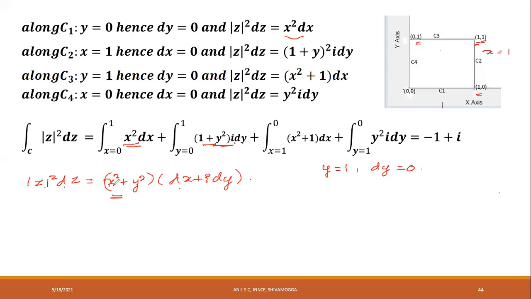Therefore, this will be (x square plus 1) into dx. Plus, along C4, here x is equal to 0. This is nothing but the y-axis, where x is always equal to 0. Therefore, dx is equal to 0, and we get y square into i dy.